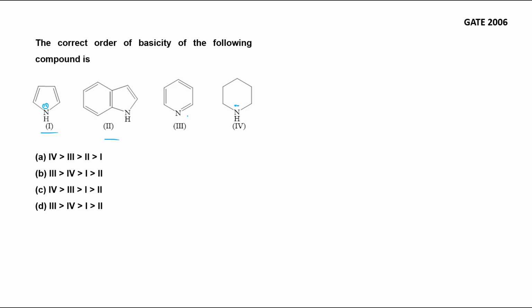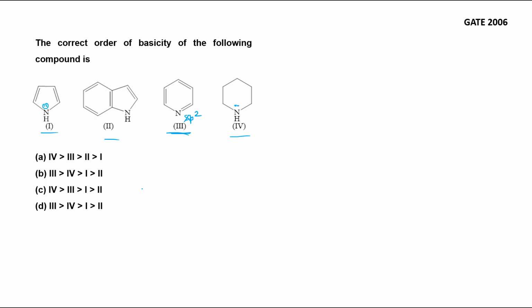In case of pyridine it is in sp2. So comparing 3 and 4, 4 will be maximum basic. Now after 4, in case of 1, 2 and 3, in all these cases it is in sp2. But remember in case of 3, it is not part of any conjugation. So that is why lone pair availability is high. So after 4, the next one should be 3.